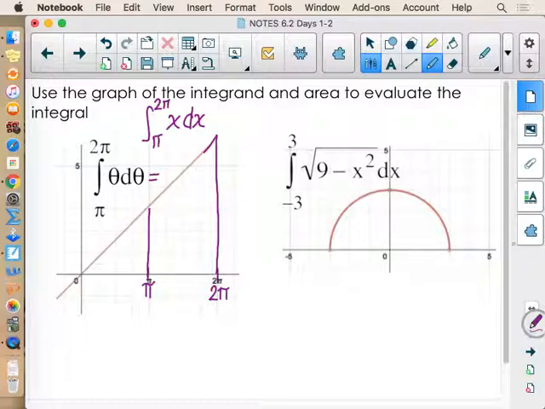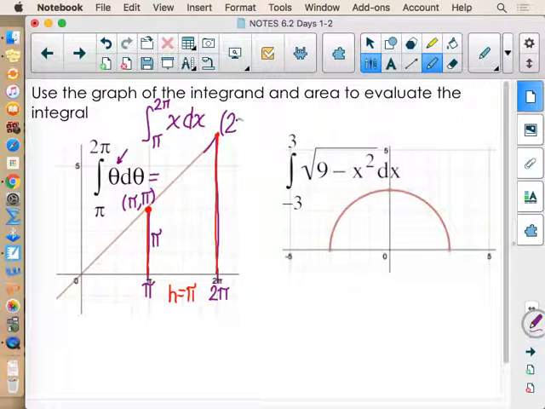So in this trapezoid, it's going from pi to 2 pi, so its height for my trapezoid then is pi. These individual bases then are what I need lengths for, so I can do my trapezoid area formula. This ordered pair in the function y equals theta would be (pi, pi), so the height of this side is pi.